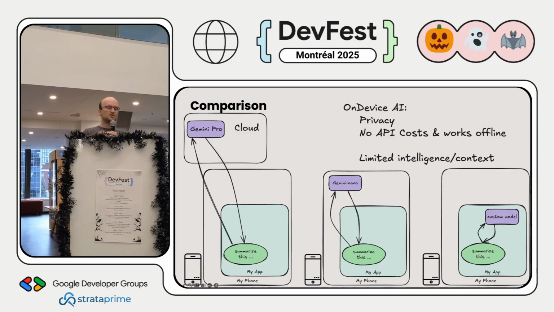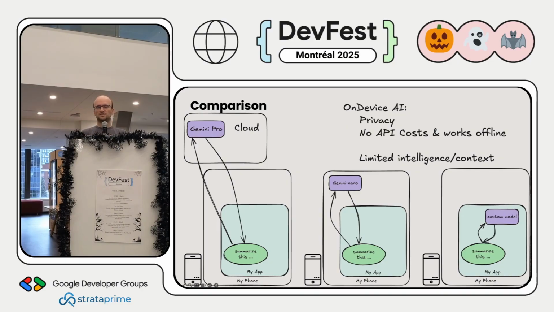But obviously you have limited intelligence and context compared to the LLMs on the cloud. Most cloud LLMs have 128,000 tokens, or even with Gemini, over 1 million tokens. Gemini Nano is more like between 1 and 4,000 tokens. So it's magnitudes smaller, but it can still be very powerful for niche needs.